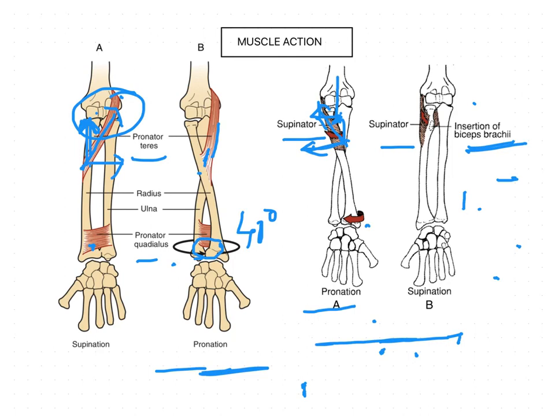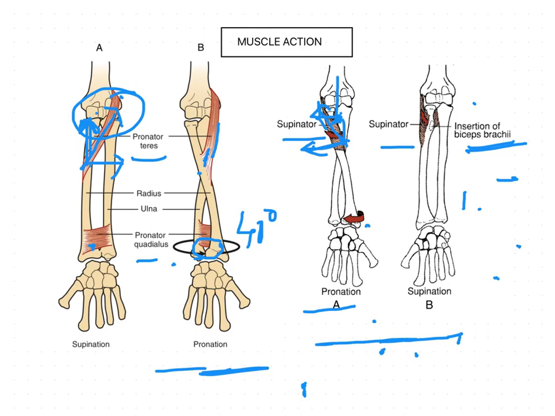In the next session we are going to see the stability of the radio-ulnar joint. As you know, the structures associated with the proximal radio-ulnar joint, the ligaments and the capsule, give some stability to the proximal radio-ulnar joint.